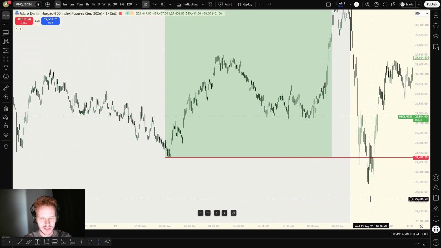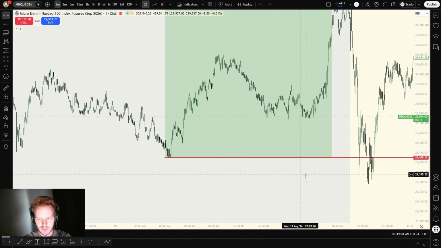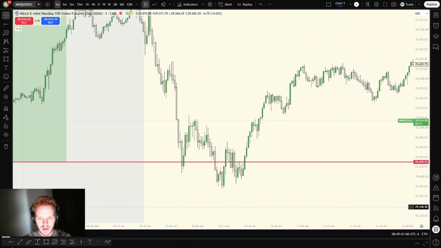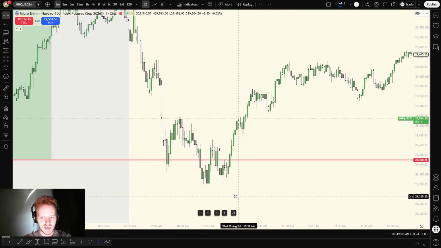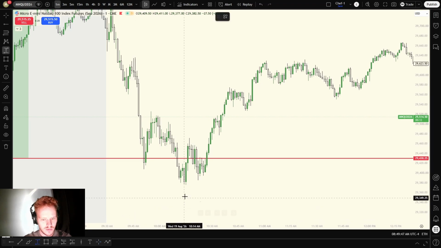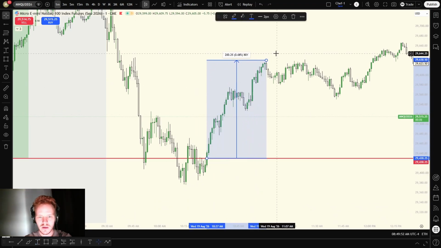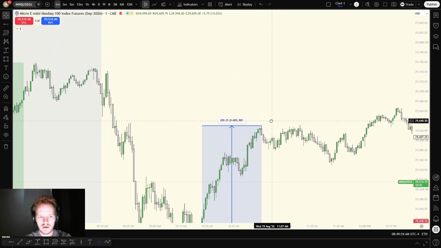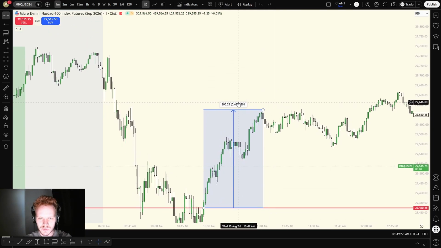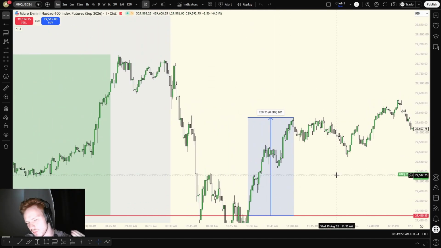But what did market do here? Market took out liquidity. Forget where your entries are. Forget where your take profits are. Price reacts. And all you have to do is just follow that reaction.